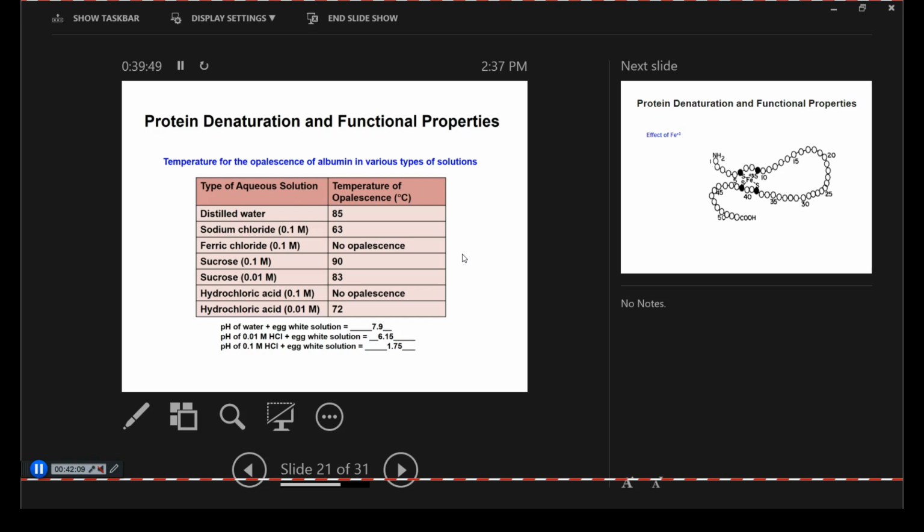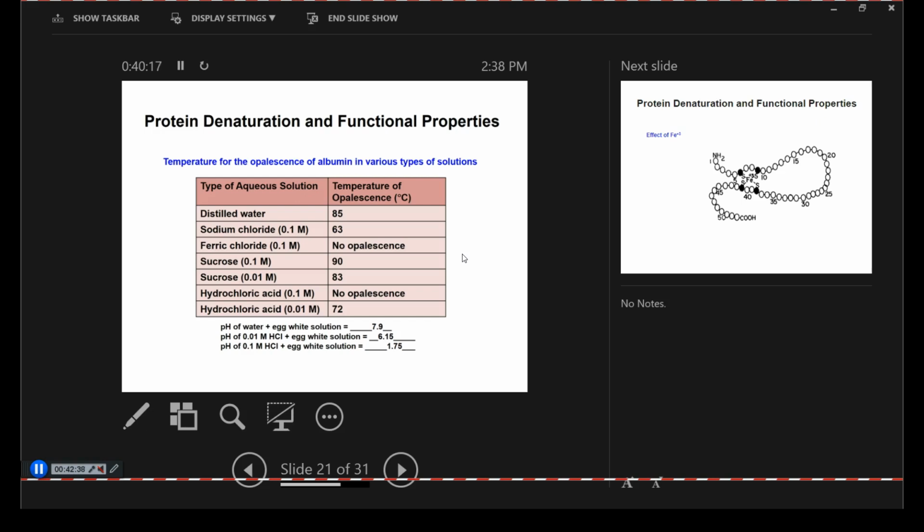We heated the albumin and jotted down the temperature of opalescence, when we started seeing cloudiness. That's an indication of denaturation of the protein, when the protein starts to denature and gel. So with just water, the temperature of opalescence is 85.